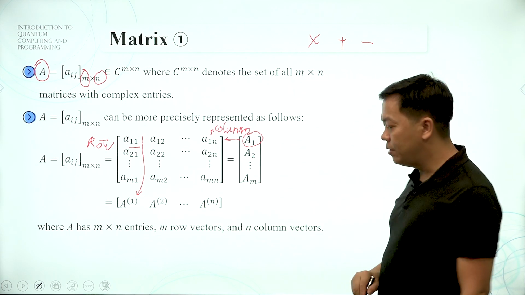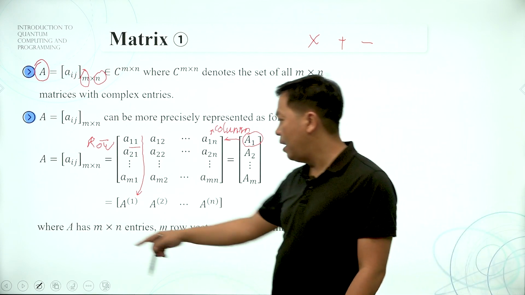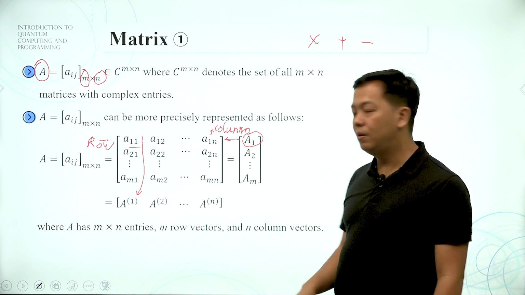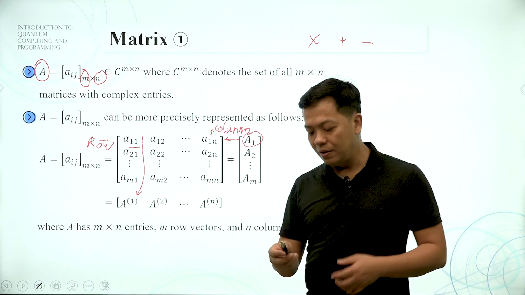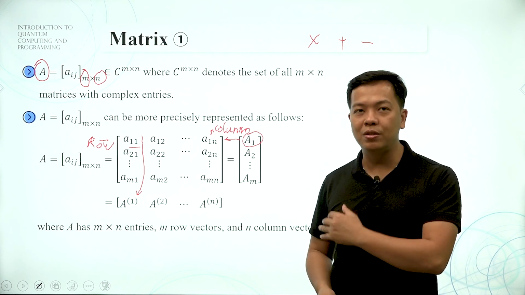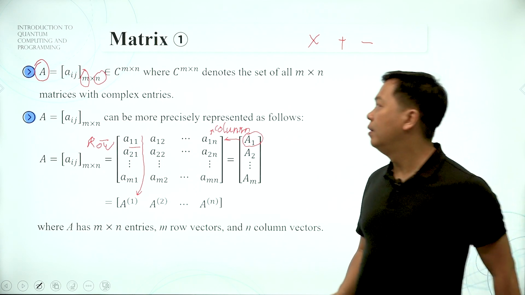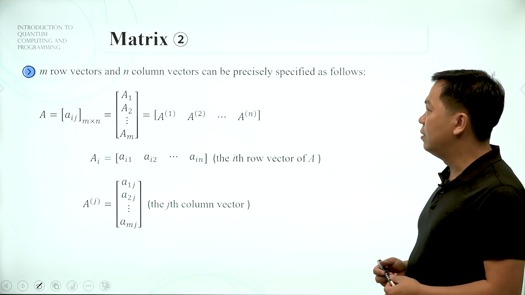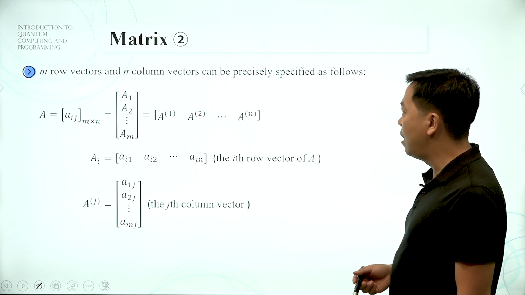So if we shorten by rows, we can say A has m row vectors, or n column vectors. That is easy, this is basic. Two dimensions, we can shorten by column or by rows. Now we have the A matrix with m row vectors and n column vectors.